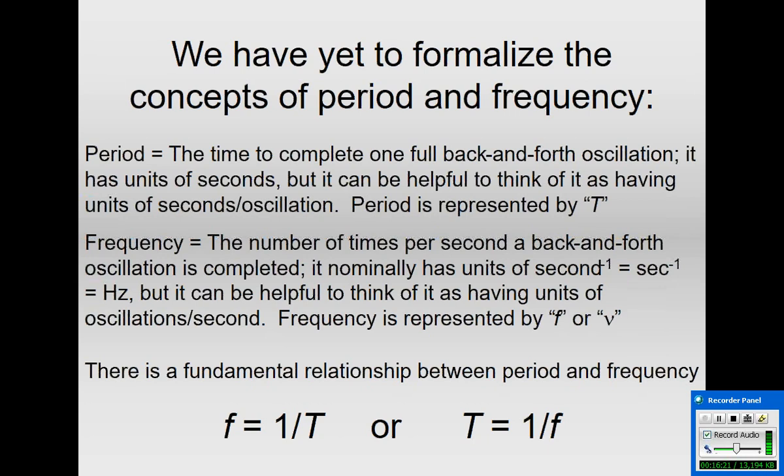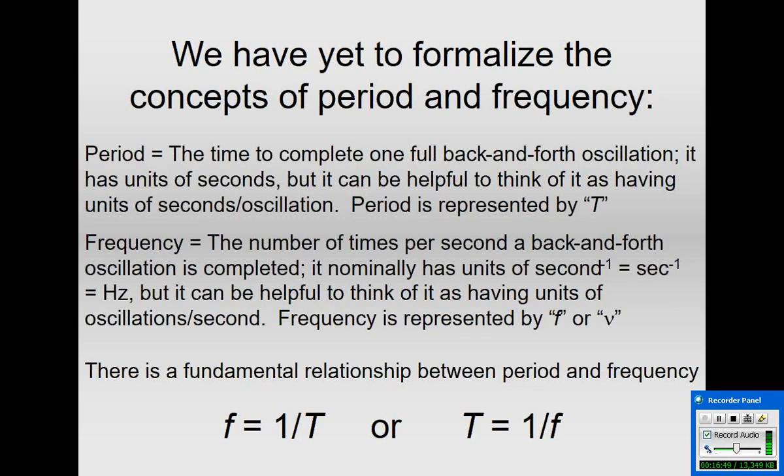But be careful, one full oscillation, if I start at positive A, goes from positive A all the way to negative A and then back to positive A. That's a full oscillation, and the time it takes for the object to go through that full oscillation is called the period. Period has units of seconds, although sometimes it's thought of as seconds per oscillation.